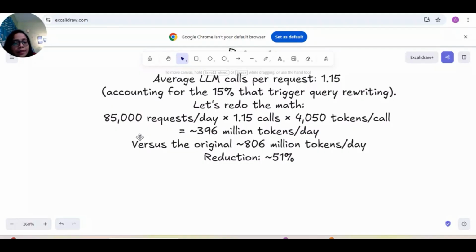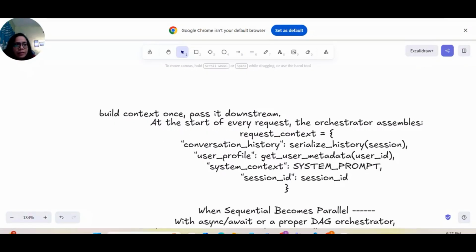In practice they actually got closer to a 61% reduction, because the single remaining LLM call could now use the conversation history that was being serialized and sent 3 times per request. One is for the intent classifier, second for the query rewriter, and the answer generator.